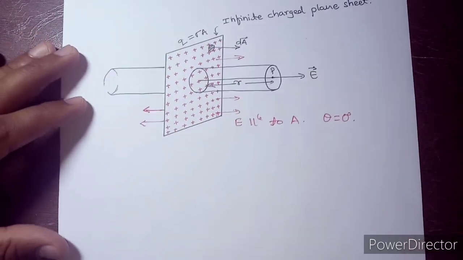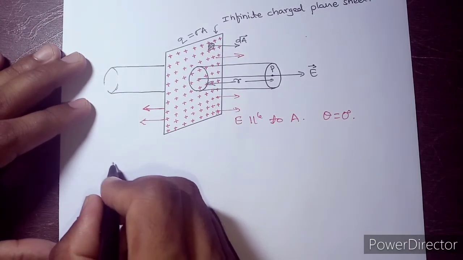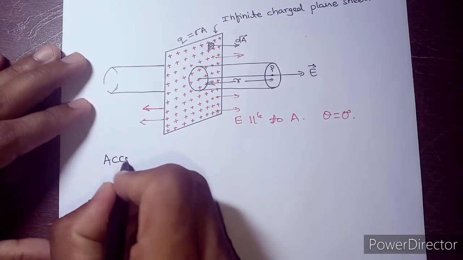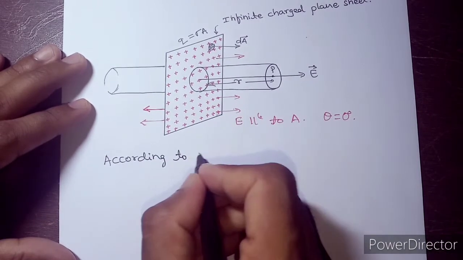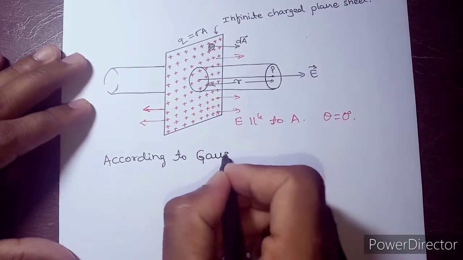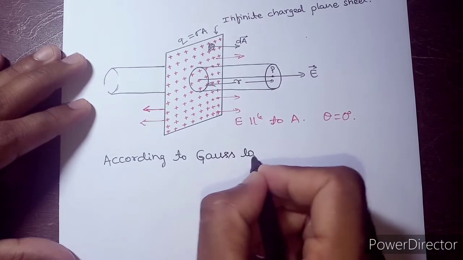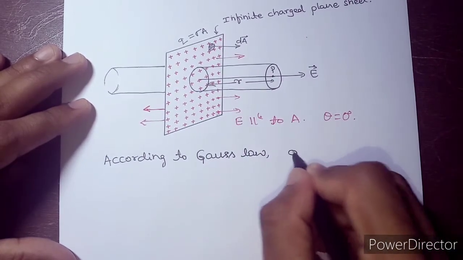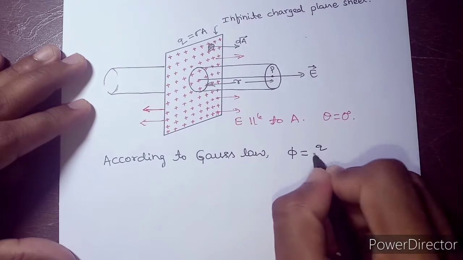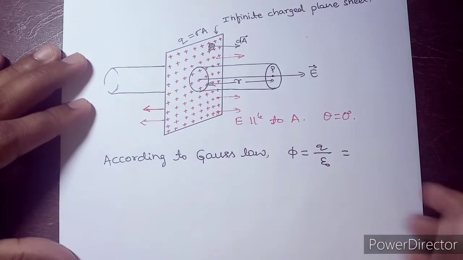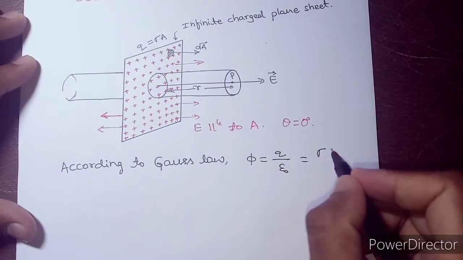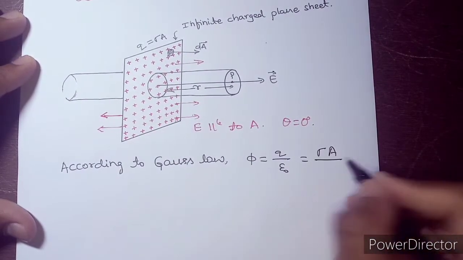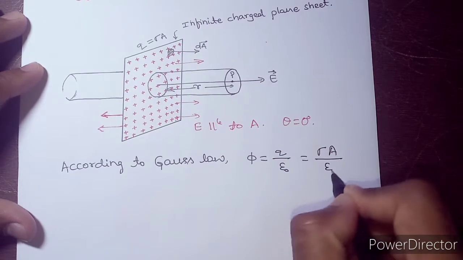So then according to Gauss law, phi is equal to Q by epsilon naught. So then what is Q? Q is sigma into A, divided by epsilon naught as it is.